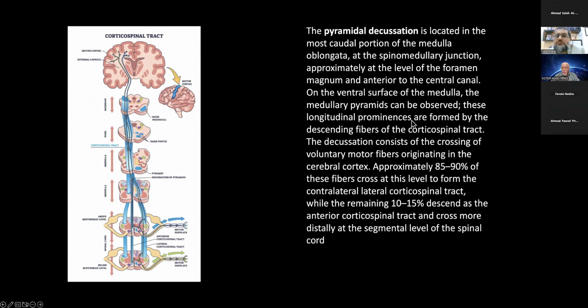These longitudinal prominences are formed by the descending fibers of the corticospinal tract. The decussation consists of the crossing of voluntary motor fibers originating in the cerebral cortex. Approximately 85 to 90% of these fibers cross at this level to form the contralateral corticospinal tract, while the remaining 10 to 15% descend as the anterior corticospinal tract and cross more distally at the segmental level of the spinal cord.